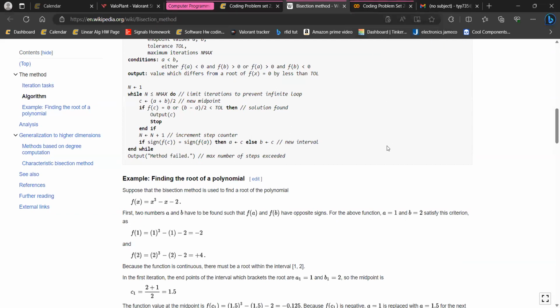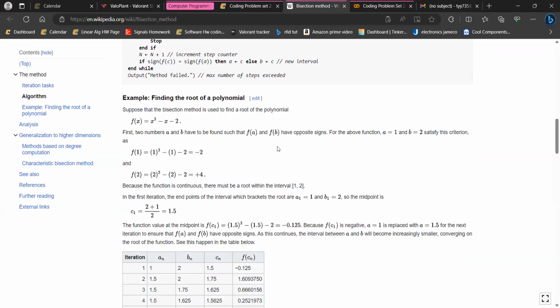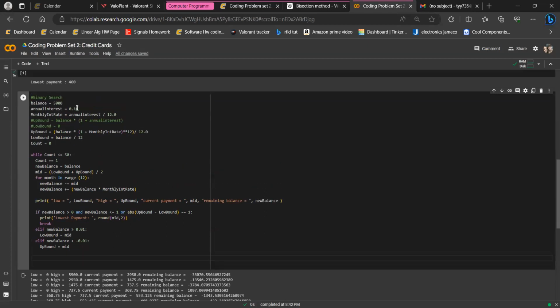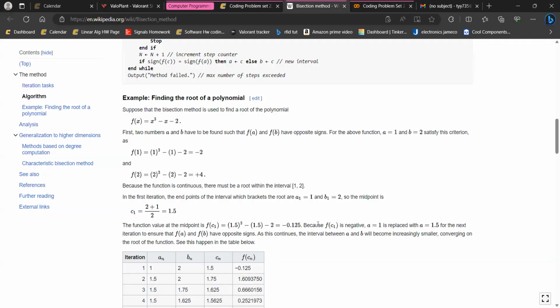But oh yeah, F and A have to have opposite signs, kind of like looking at this as lower bound and upper bound. They have to have different signs. And then it's saying here your midpoint, which is what I have it as, lower bound plus upper bound divided by 2, which is my C. So you find this C value and plug it back into the function and you get a negative number.